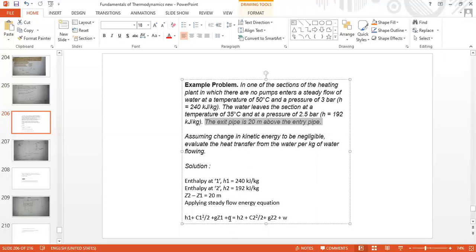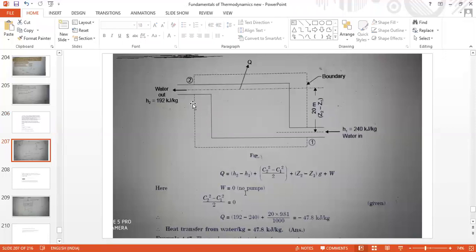All those are given, and you are required to find the heat transfer, Q. So when substituted, you will get the Q value. This is how you can assume. Here, this is the inlet of the pipe where water enters, and this is the outlet of the pipe.